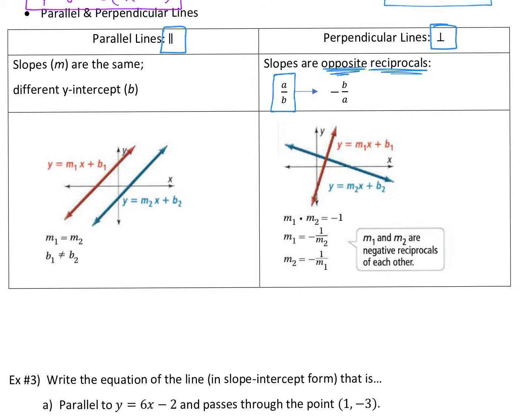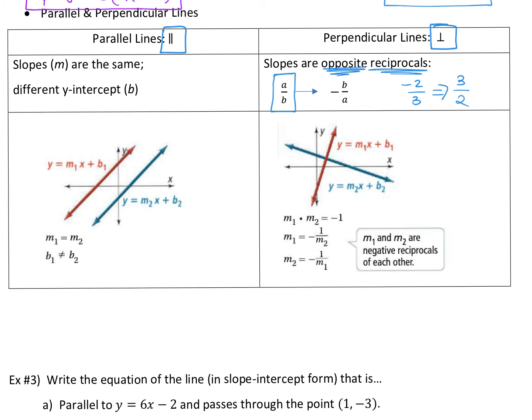Opposite meaning if it was positive, make it negative, or if it was negative, make it positive, and then a reciprocal, just flip it over. So if I have, for instance, negative 2/3, what would your perpendicular slope be? 3 over 2. Make it positive because it's negative, right? Take the opposite and flip it over. Okay, so 3 over 2.